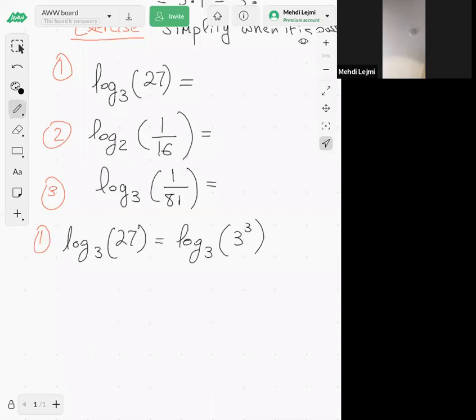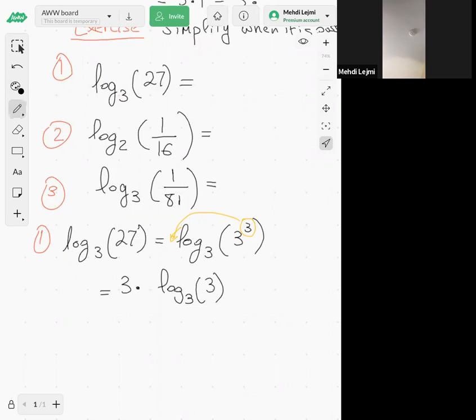Then you can bring down this power in front of your log, and that'll be 3 times log in base 3 of 3.